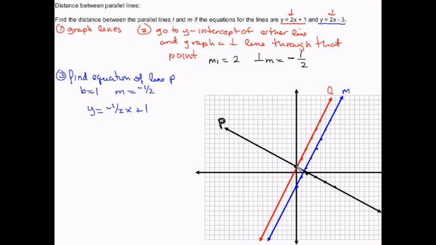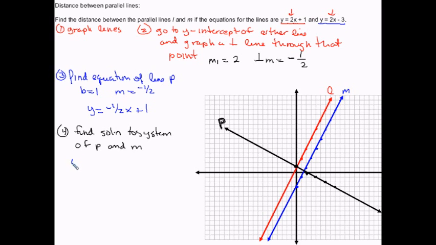We need to find the intersection of P and M. Step 4 is to find the solution to the system of P and M, the other line, because we used the intercept for L. You can see it's not crossing at a perfect point, unfortunately. So we're going to solve that system of equations.